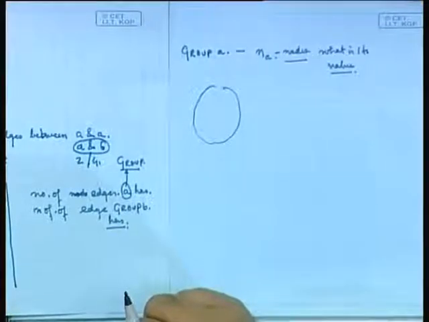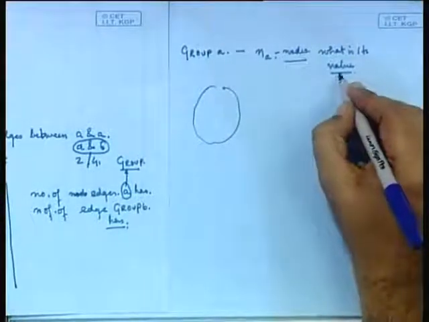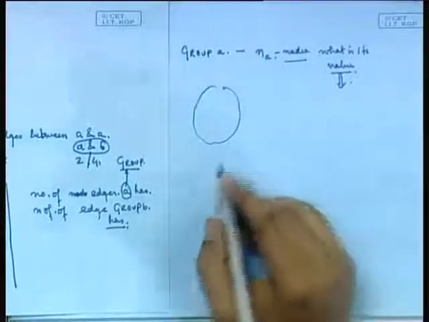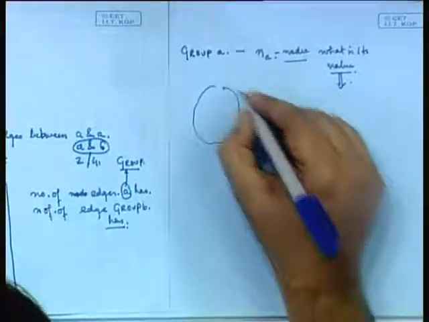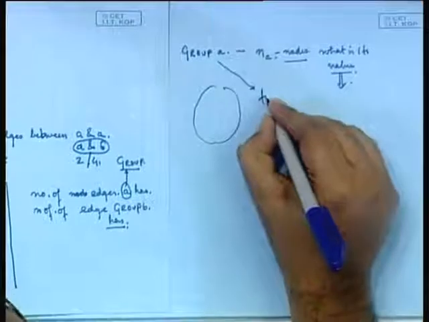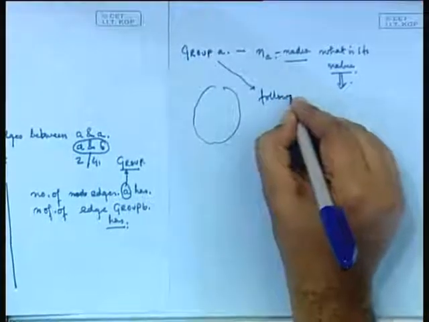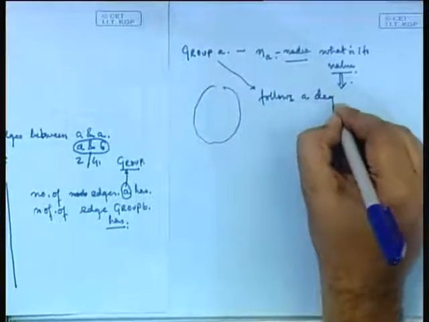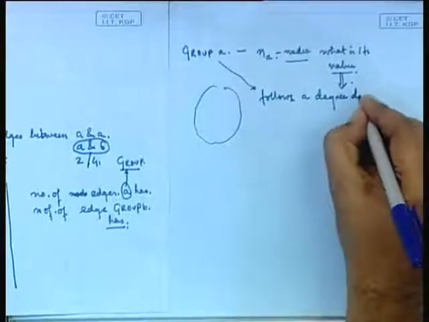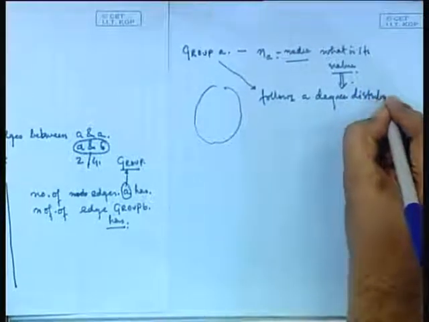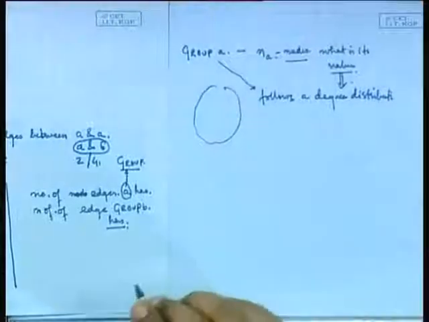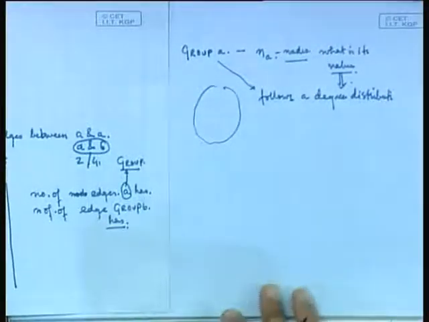Then what do we do? We say that group A follows a degree distribution. Okay. No problem.